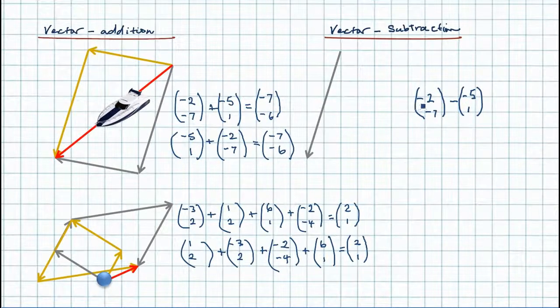So what would we expect with our mathematics? Well, -2 minus -5 is going to give us -2 plus 5, so the first component is going to be 3, and -7 minus 1 is going to give us -8. Is that what we'd expect?